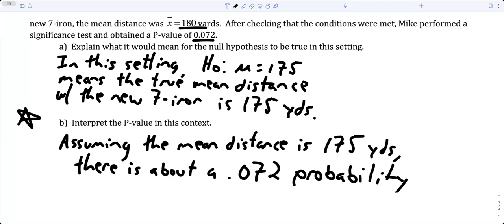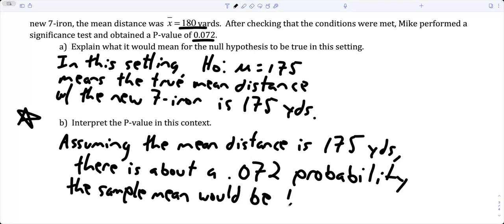That's what the p-value is. There's about a 0.072 probability the sample mean would be 180 yards, because that was the sample result that I got, or it could be more extreme. So 180 yards or more.